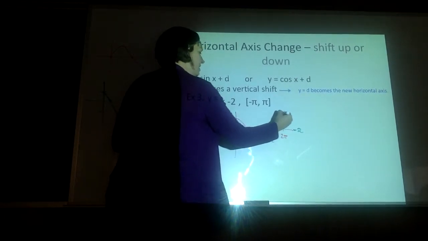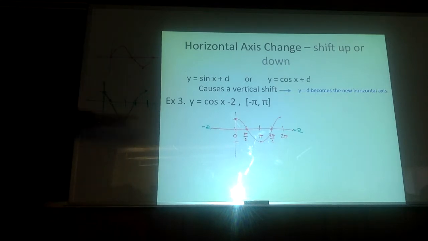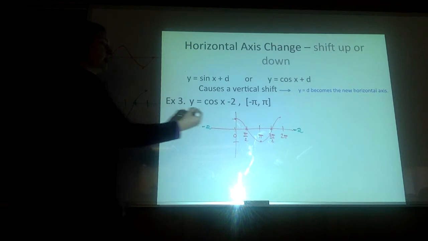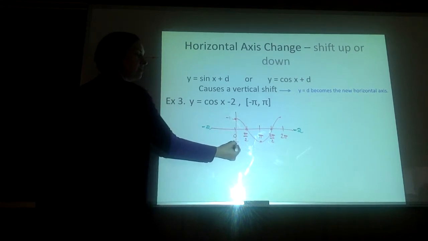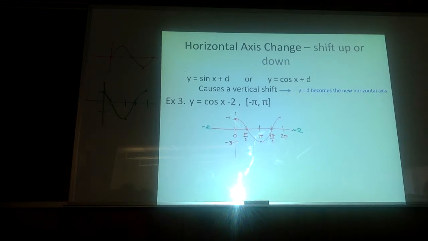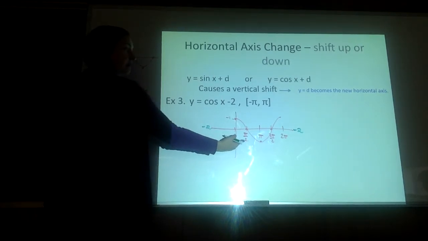The only trick to this is the fact that my higher value isn't 1. What's the higher value now? Negative 1. And what's the lower value? Negative 3. So just be aware of what your new y-axis values are. And now, like the last problem, let's expand our axis. So this is pi over 2.